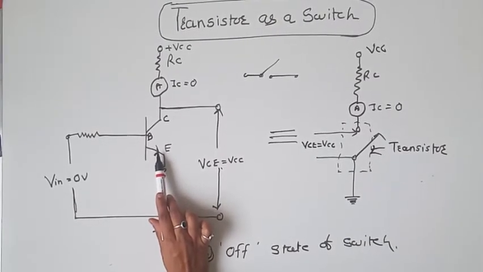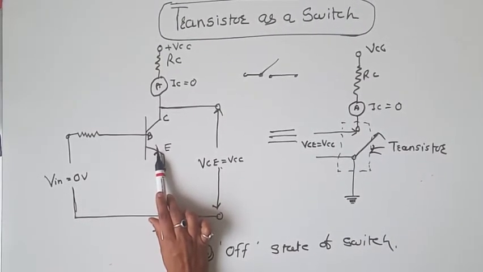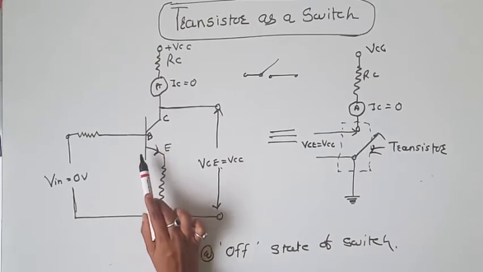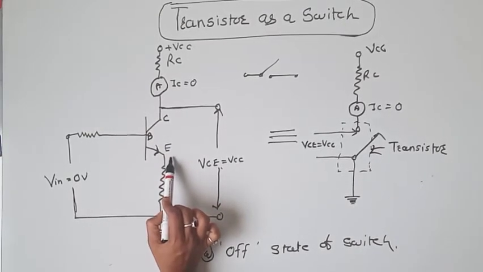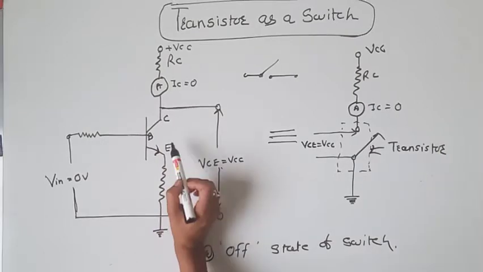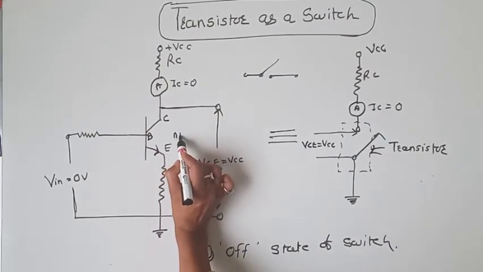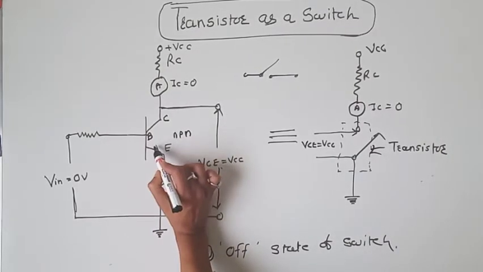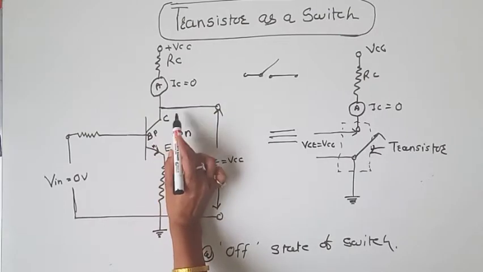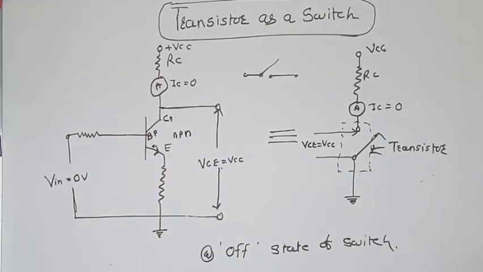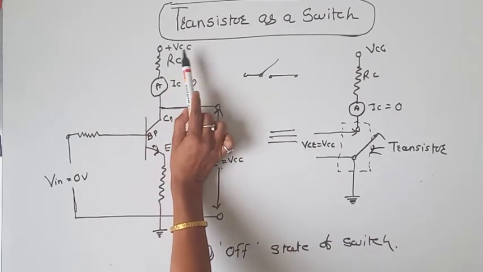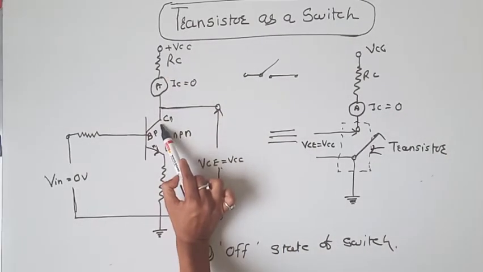Here the arrowhead is in outward direction. If the arrowhead is in outward direction, then it is known as NPN transistor. That means this is N, middle one is P, and this is what? Again N. Now see here, the supply voltage is applied to the collector.